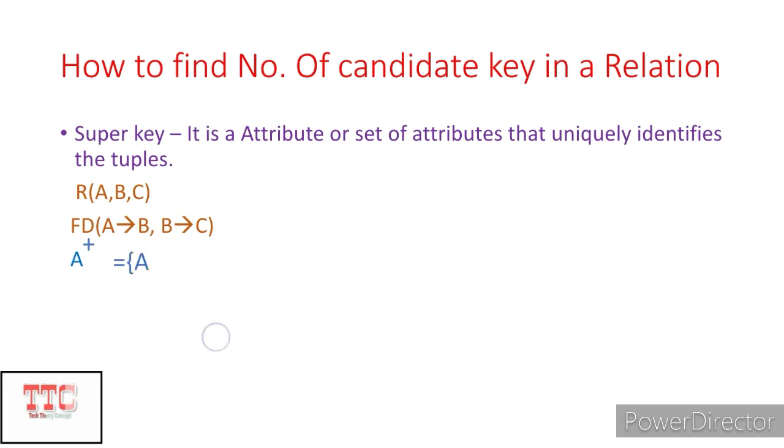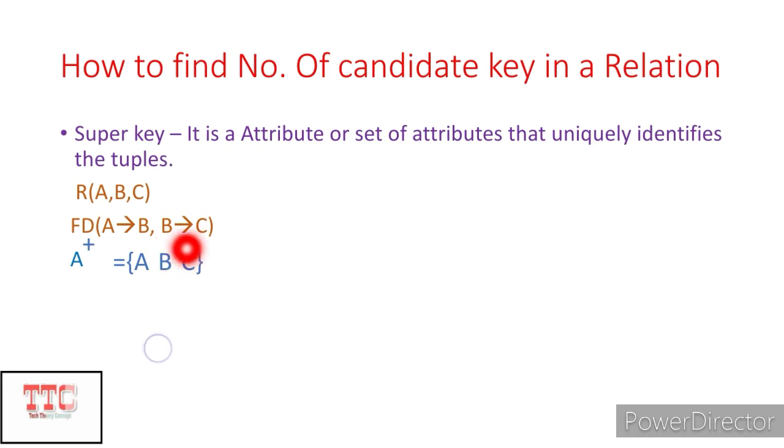According to that trick, first we add A because it is present on the left hand side. Now we find which functional dependency starts from A in the given functional dependencies. Here we can see that A determines B. Now we add the attribute present on the right hand side of this functional dependency, so we have added B. Again we check which functional dependency starts from B. Here you can see that only one functional dependency starts from B, that is B determines C. So we add C to our closure.